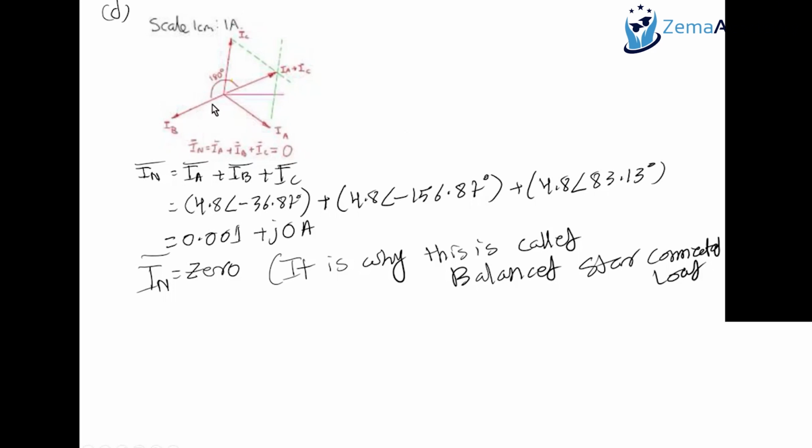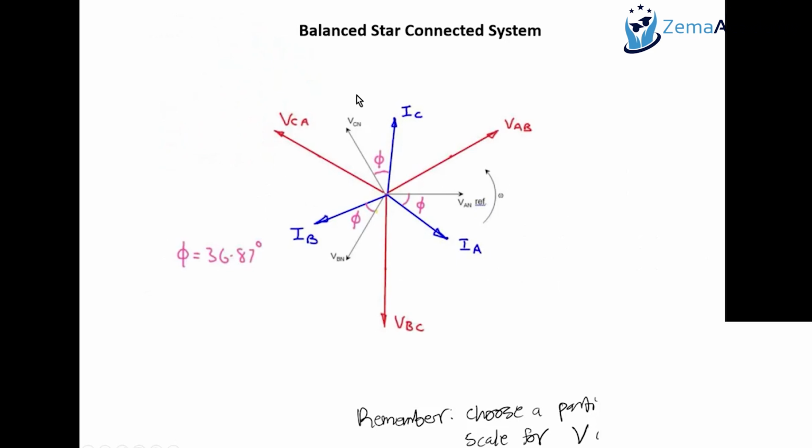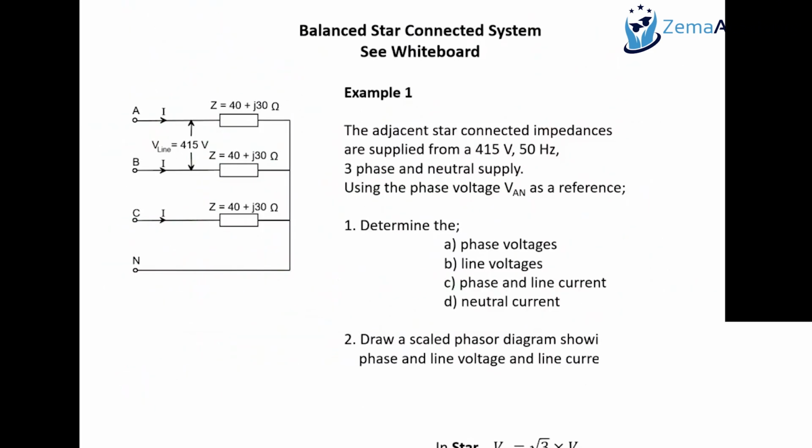And this is what it shows. The two lines are opposite to each other. But you have to be very careful which line you have to add to get the same line. This comes with more practice. In this part, I have only asked to calculate the neutral current mathematically, not by drawing the phasor diagram, because that would be a little bit challenging.